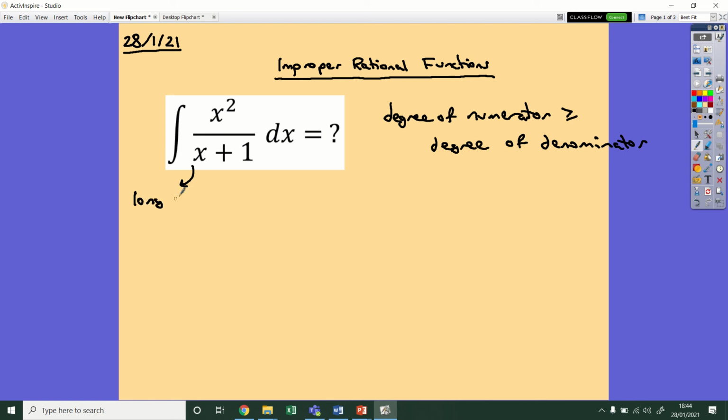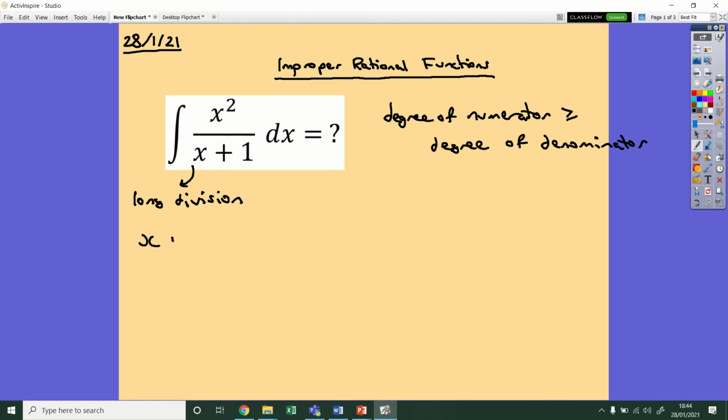So, long division. I'm hoping that from last year, at the end of the year, we remember how to do this. Note that because we're likely to get a remainder, you can't do the grid method for dividing this polynomial on the bottom into the top. You've got to, unfortunately, use long division to do this.